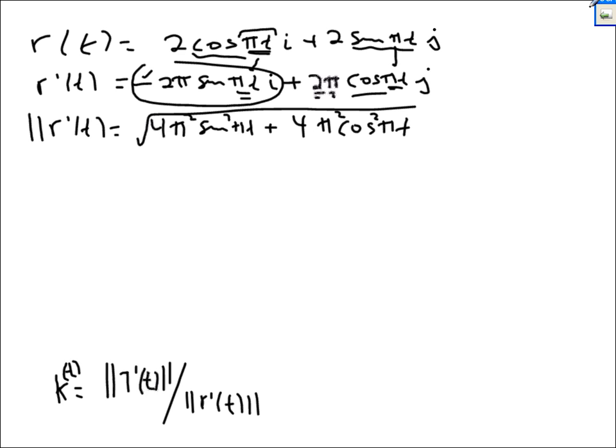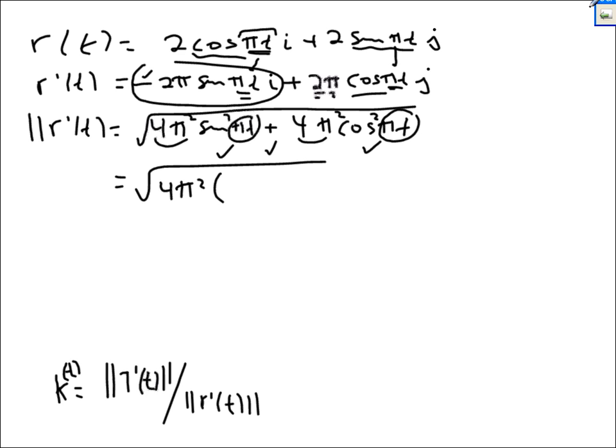You can factor out 4 pi squared. You have 4 pi squared times what I didn't underline, namely sine squared pi t plus cosine squared pi t. Sine squared of any angle plus cosine squared of the same angle is just 1. 4 pi squared times 1, of course, is 4 pi squared.